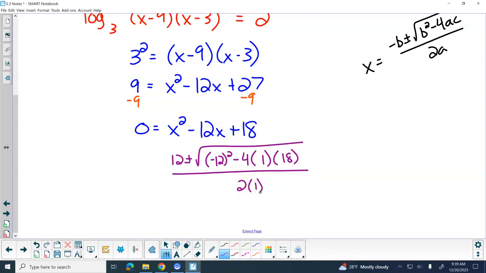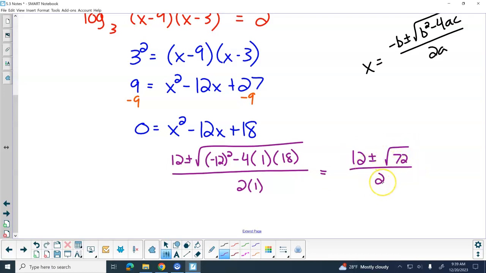Big old numbers. 4 times 18, that's 72. 144 is the first one. Negative 12 times negative 12 is positive 144. 144 minus 72 is square root of 72.